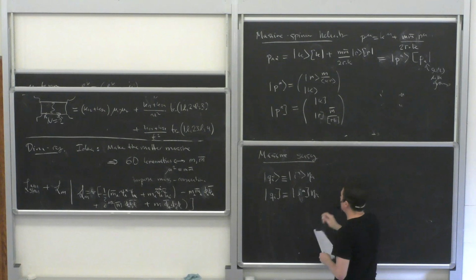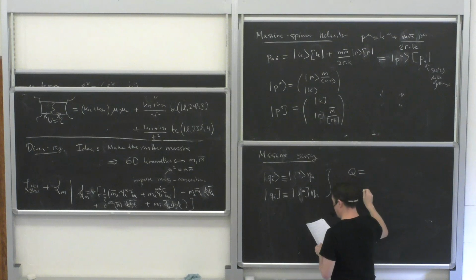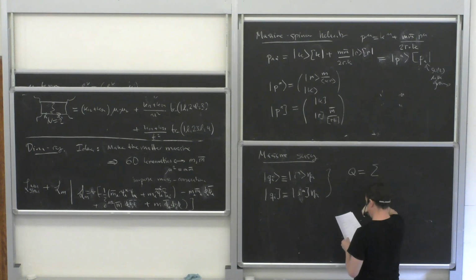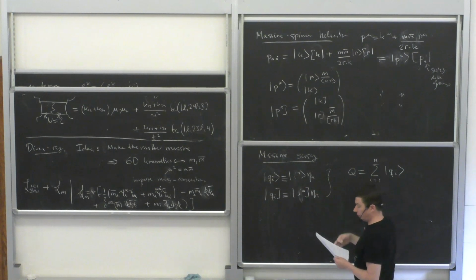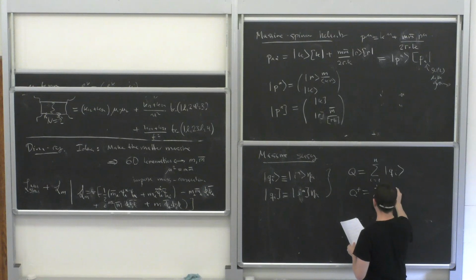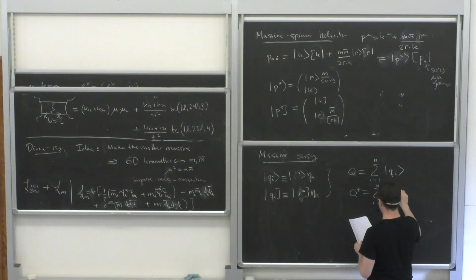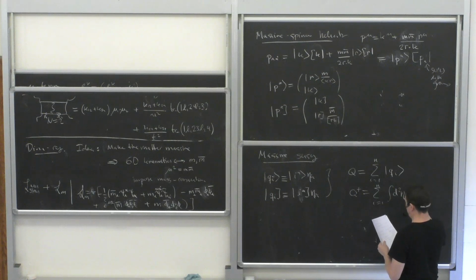Okay, so now what I can do, I can take this and I construct my supercharges. So the supercharges are simply the sum of all the particles and this Qi. So this is basically the individual supercharge. And I can also construct Q dagger, which actually is an integral d eta squared of the angle spinor.